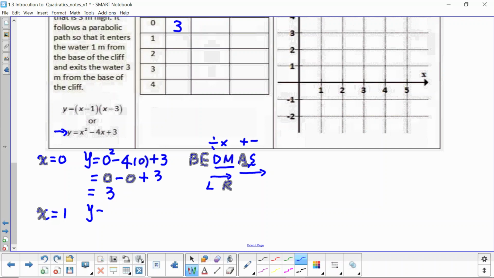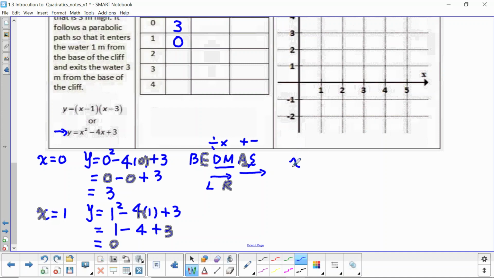You will have 1 squared minus 4 times 1 this time, then plus 3. Then 1 minus 4 gives you negative 3, plus 3 gives you 0. So the second point is 1, 0.